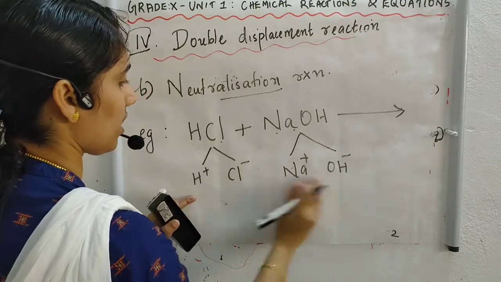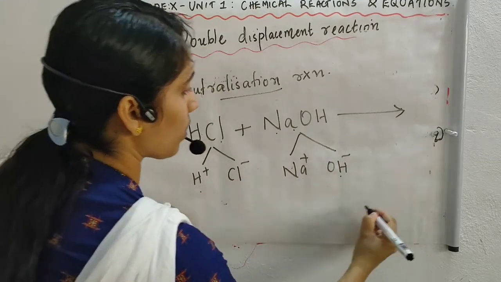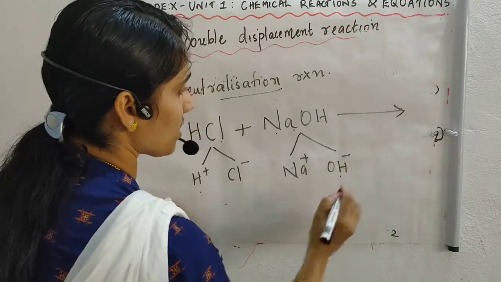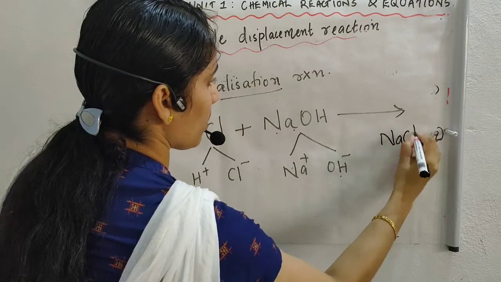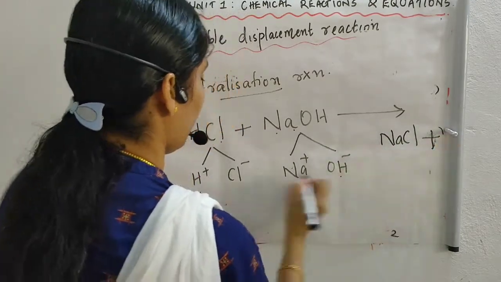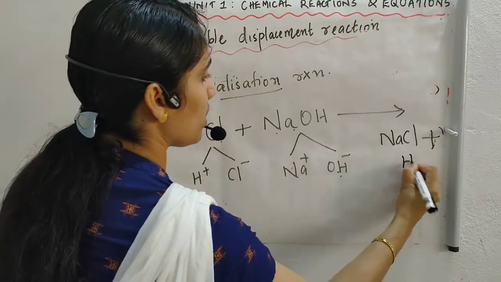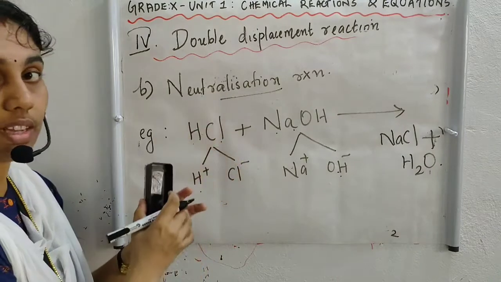They will exchange their ions to form the products. First will combine with the second. So the resulting substance will be NaCl, plus H+ and OH- together form H2O. So this sort of reaction we call a neutralization reaction.